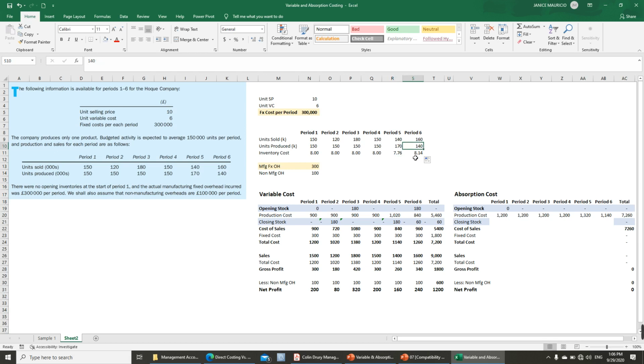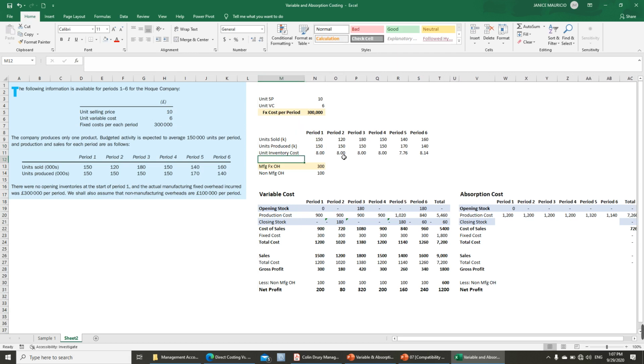Now, in period 6, wherein the units produced is lower than in period 1 to period 4, you will see that the unit inventory cost is actually higher than period 1 to period 5 because the units produced is lower. Our cost is fixed, the manufacturing overhead is fixed.